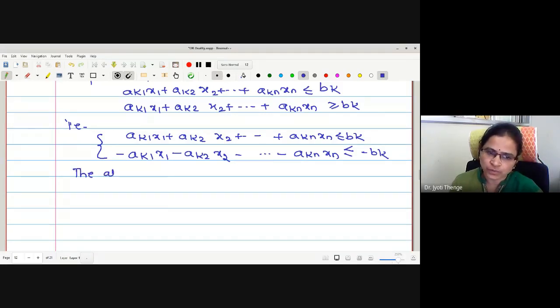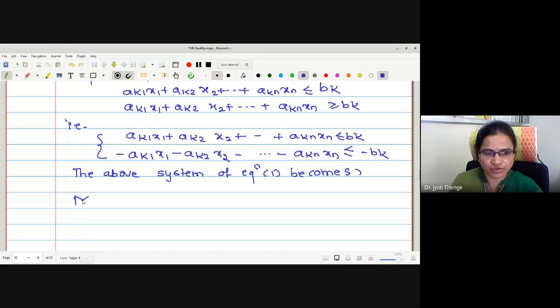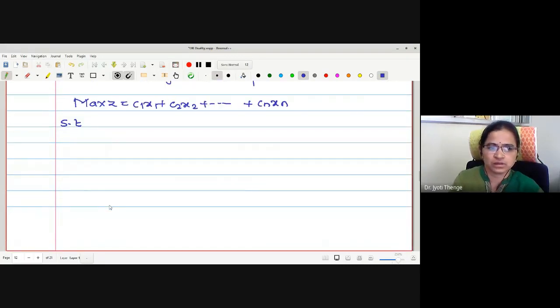The above system of equation 1 becomes: maximize z is equal to C1 x1, C2 x2 plus Cn xn subject to the constraint A11 x1, A12 x2, A1n xn less than or equals to B1.